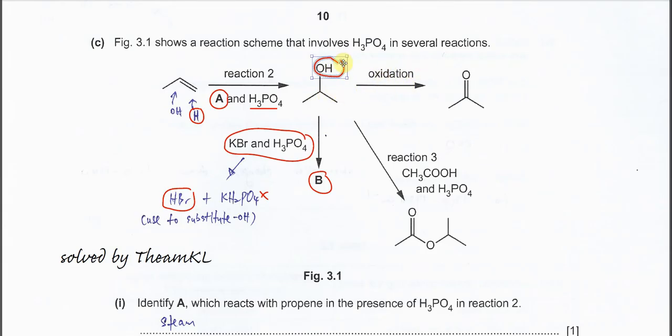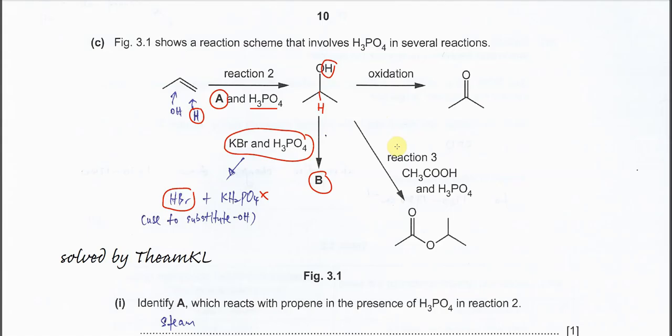Oxidation happens when this carbon has another hydrogen bonded to it. So these hydrogens will be removed, together with this hydrogen and the oxygen to form H2O. And eventually this organic compound will be oxidized and form a ketone. It will form propanone.